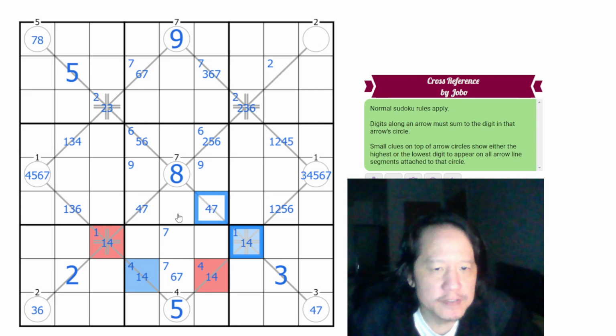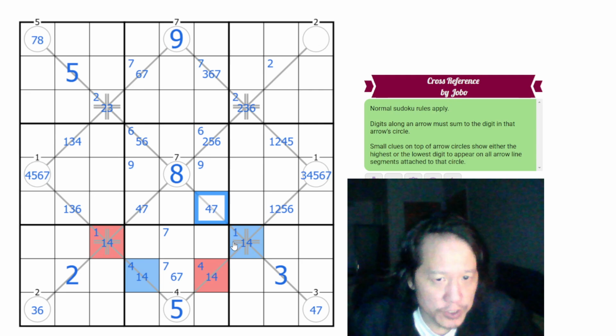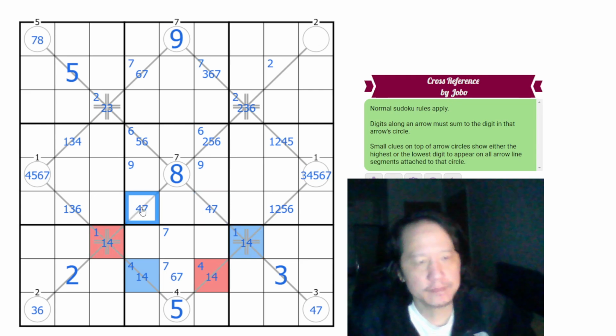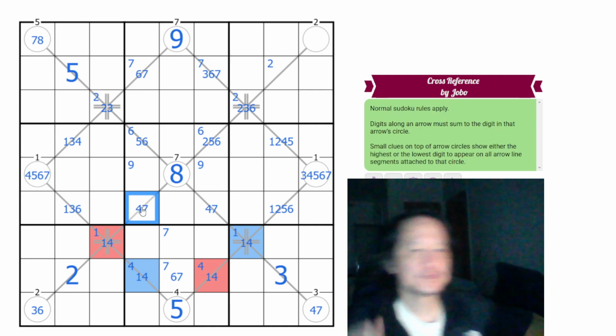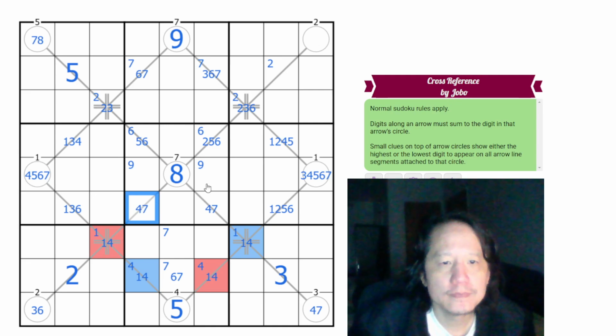So one of these cells is the same as the other one, right? We're not sure which, and it would be both 4s.